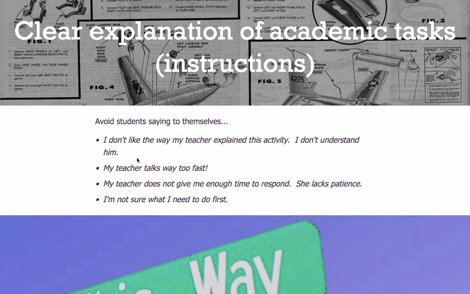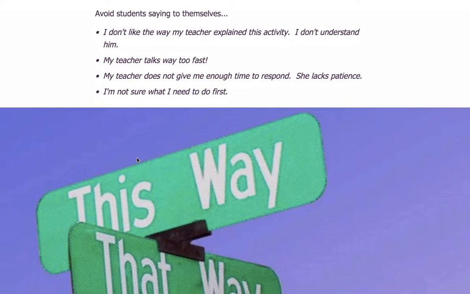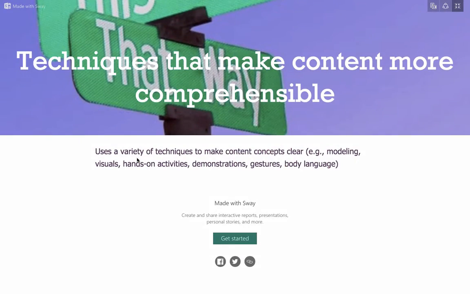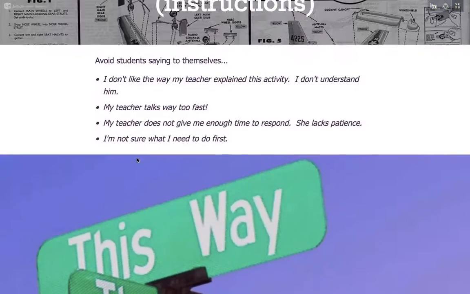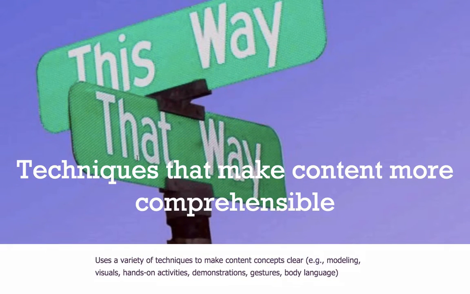We also don't want our students to feel like they're not sure what they need to do first. After the instructions have been given, we want to make sure it's clear that the students know what to do first. So this week, those were the main topics. We can also look at techniques to make content more comprehensible.